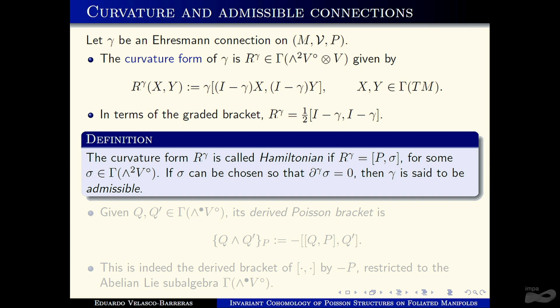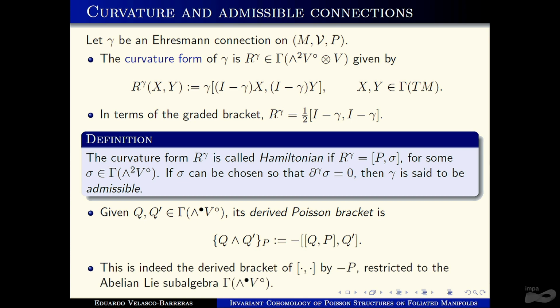And on the other hand, associated with the graded Lie bracket we introduced at the beginning, we have this derived Poisson bracket given on the algebra of differential forms vanishing along the foliation, along tangent vector fields.